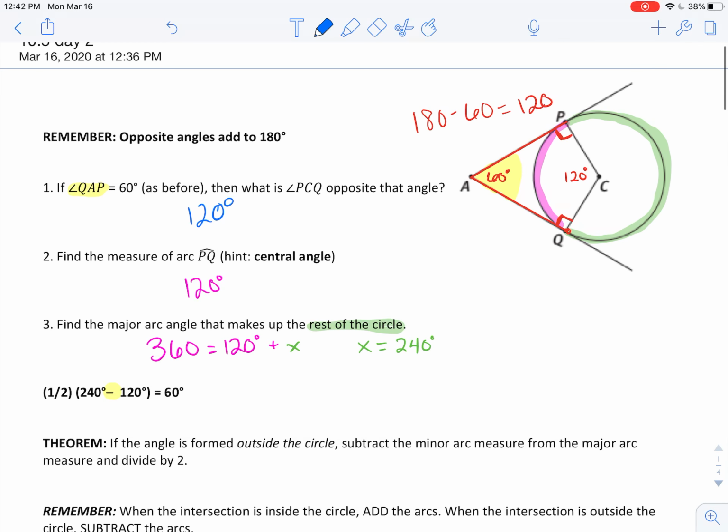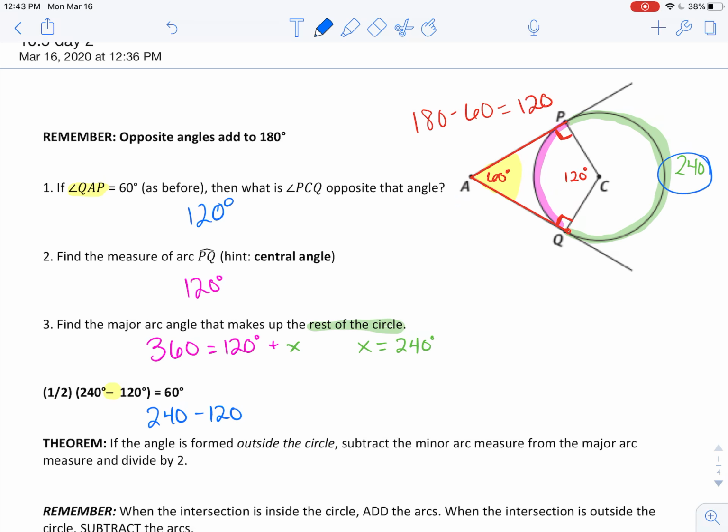Excuse me. So we're going to subtract. So we'll take, this is 240. Let me change colors there. This is 240. So we'll take our major arc, 240, and we'll subtract our minor arc of 120. So subtract the arc farthest away from your angle. So here's my angle.